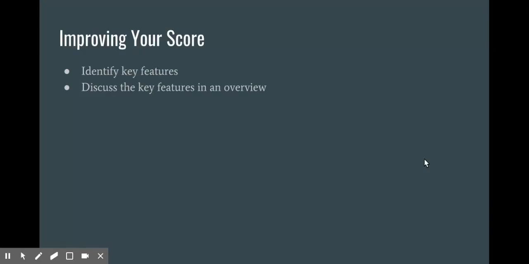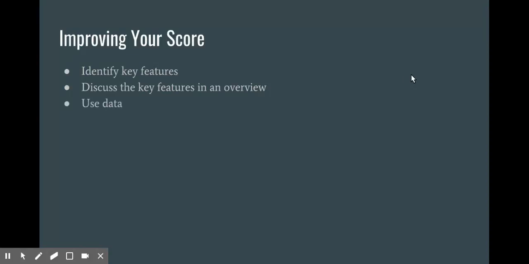When you're writing for task 1, assume that they don't have the graph. So you have to describe the graph to them. You have to tell them what it's about. And that's really what these two things are saying. When you're talking about identifying the key features and talking about them in an overview, that's your introduction. Make sure you tell them what the graph is about. Otherwise, they won't know what you're talking about.